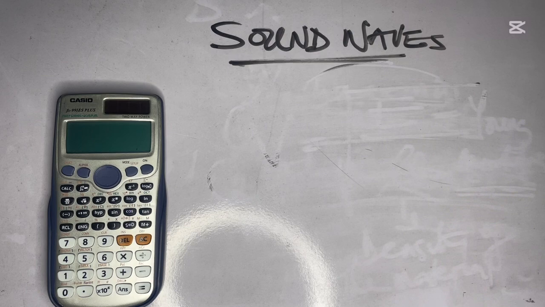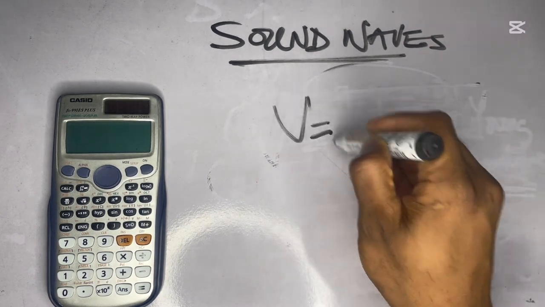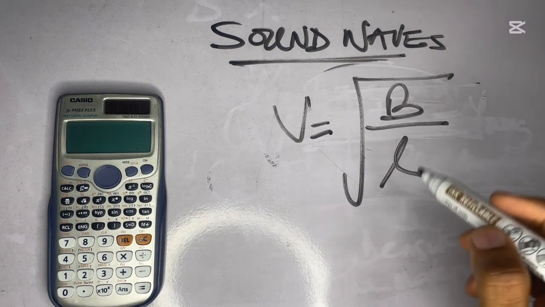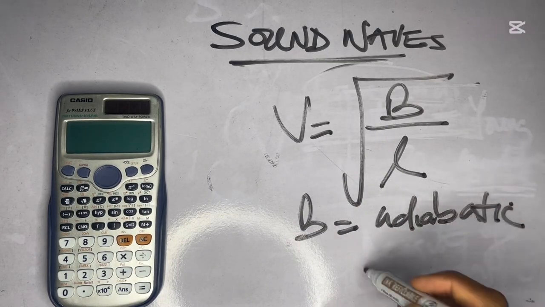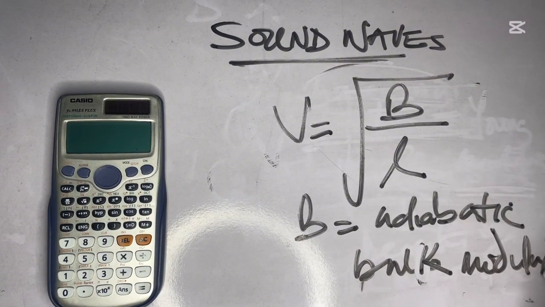Now, how about the velocity of sound in a liquid or gas? The velocity of sound in a liquid or gas, v, is given as root B all over rho. This B is known as the adiabatic bulk modulus. It is more like the Young modulus of the material, but this time it is when the sound is traveling through a liquid or a gas.